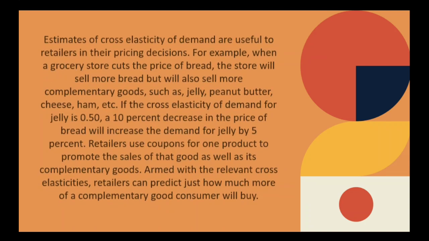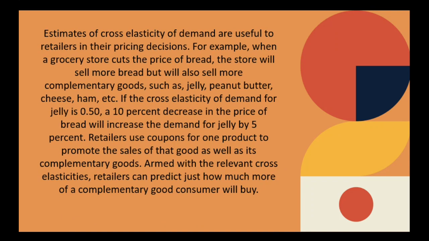And so, estimates of cross elasticity of demand are useful to retailers in their pricing decisions. For example, when a grocery store cuts the price of bread, the store will sell more bread but will also sell more complementary goods such as jelly, peanut butter, cheese, and ham.